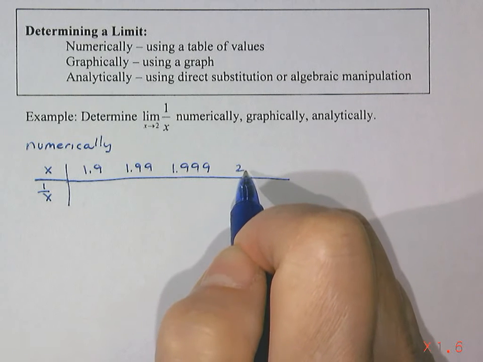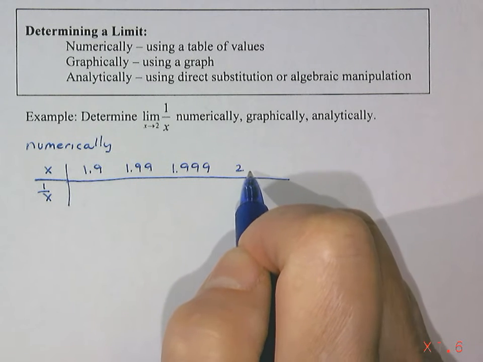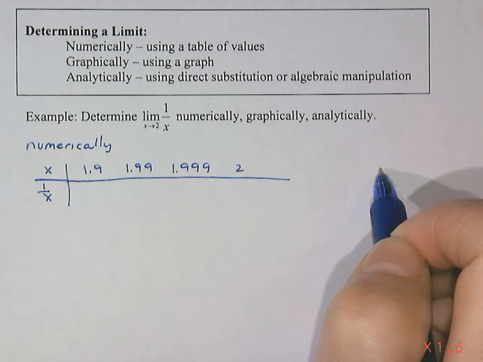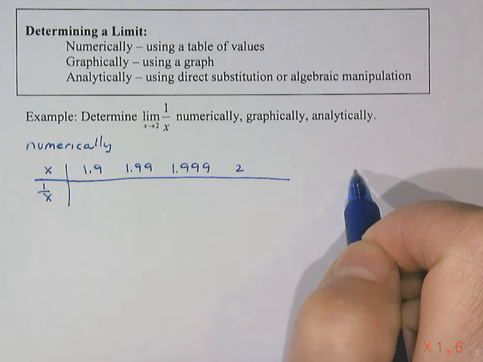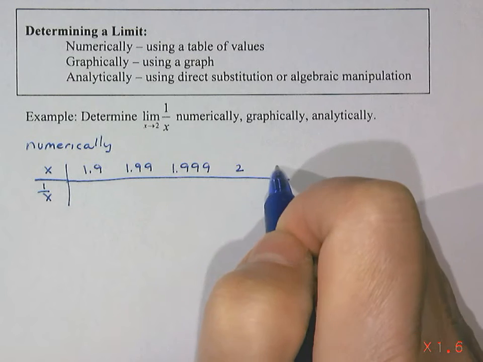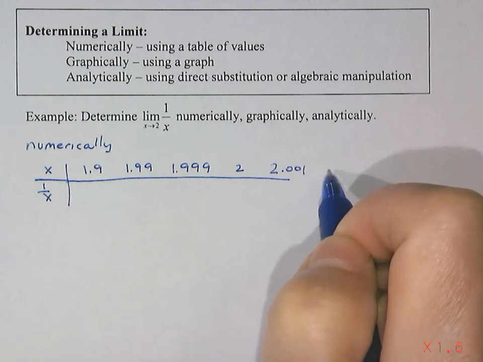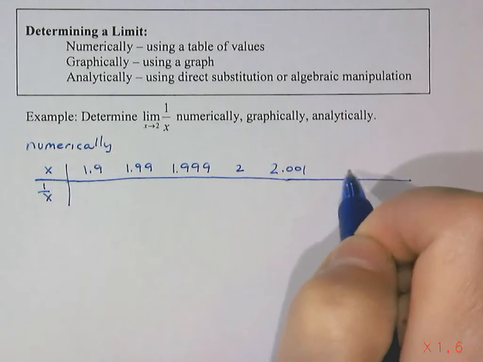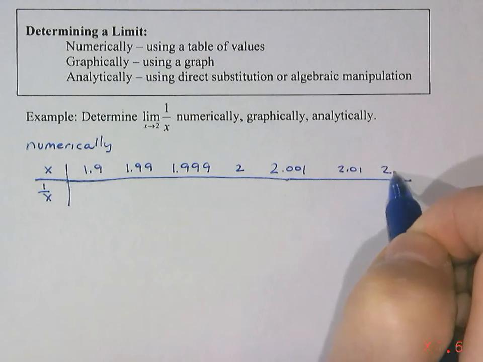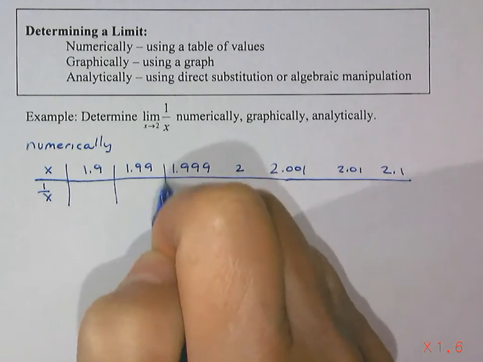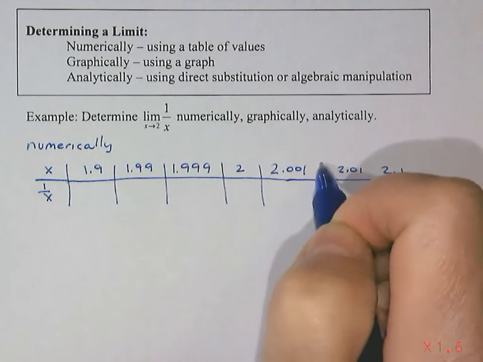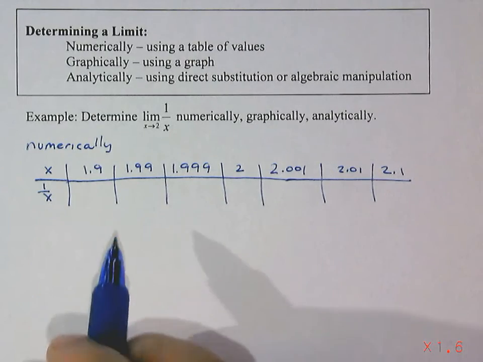But then I want to get to the numbers to the right of 2. So I would have like 2.5, 2.1, 2.01. So the numbers that are getting close I'm going to choose are 2.001, 2.01, and 2.1. And I would use the calculator and fill in the numbers.